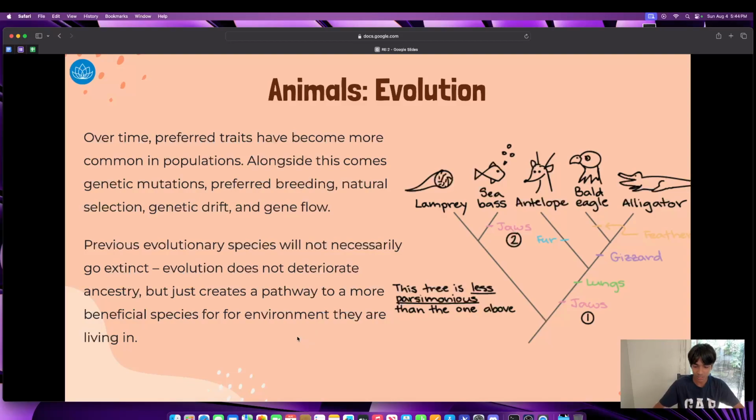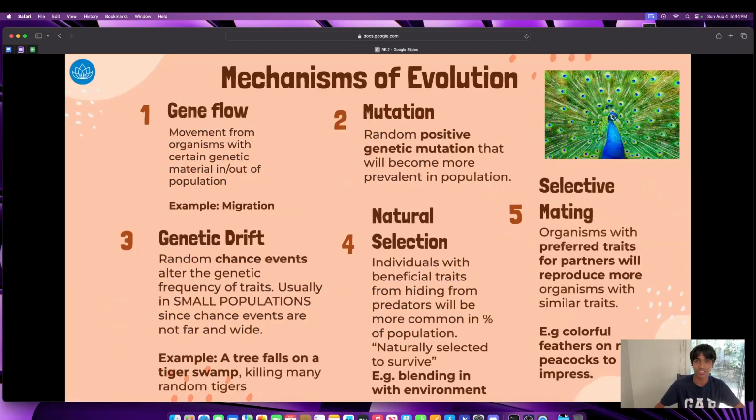So let me show you the next slide. So here are the mechanisms of evolution. Gene flow is the movement of organisms with certain genetic material in and out of a population. For example, migration. So if there are specific birds living on an island, and a different bird comes onto the island, for example, a bald eagle comes onto an island that's full of peacocks, then that's a migration, right?